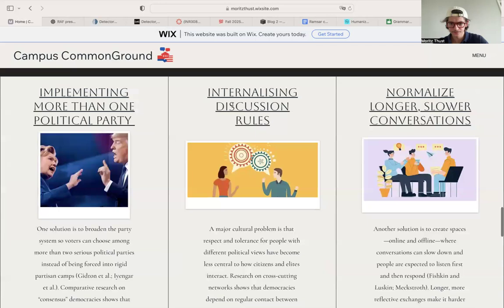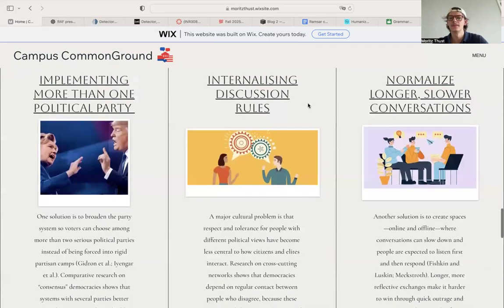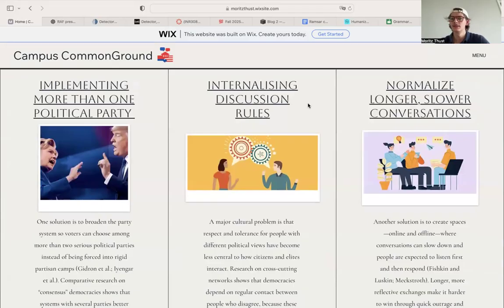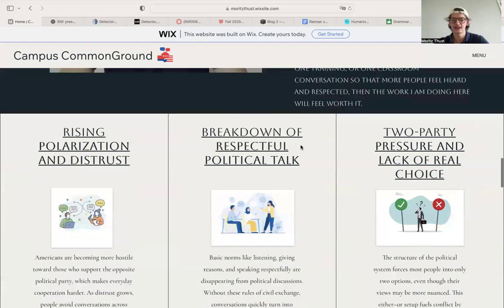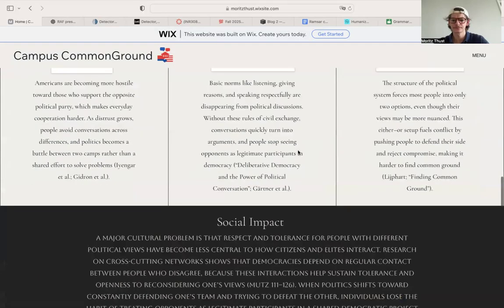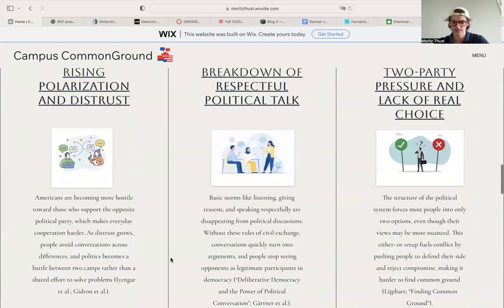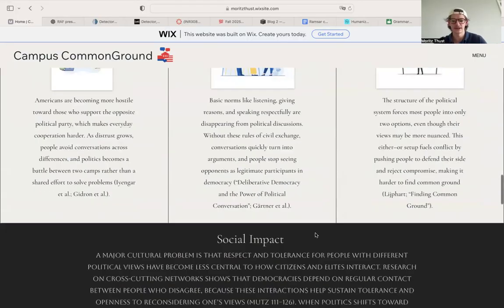The second is internalizing discussion rules. So basically really learning and respecting these rules that I mentioned earlier in the breakdown of respect for political talk, where I discussed how political talk is basically deteriorating.